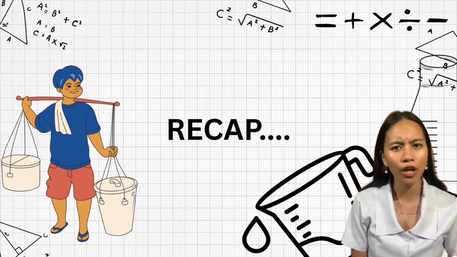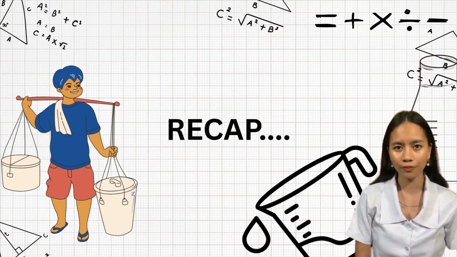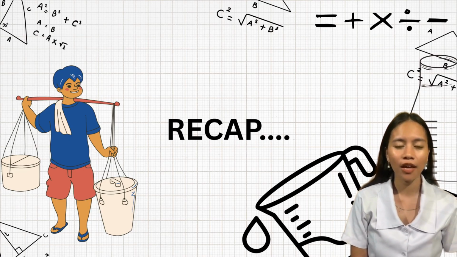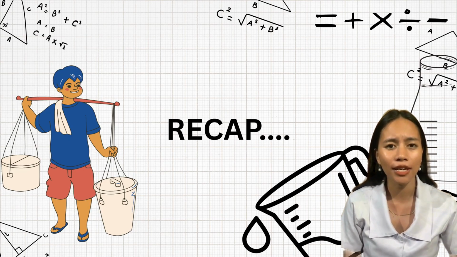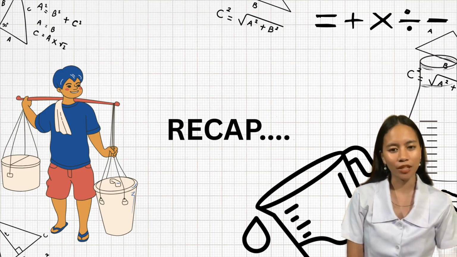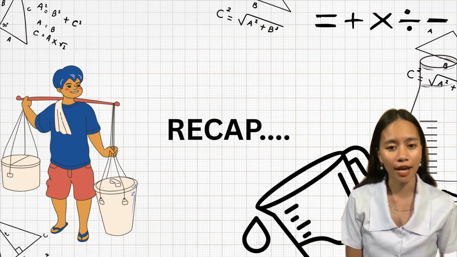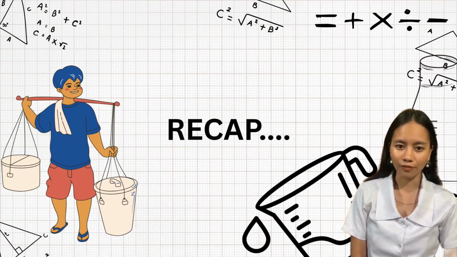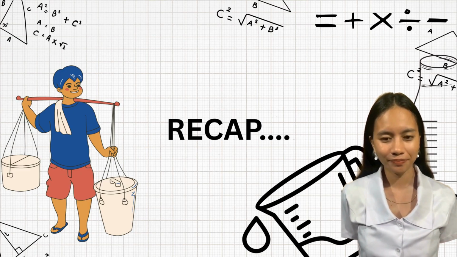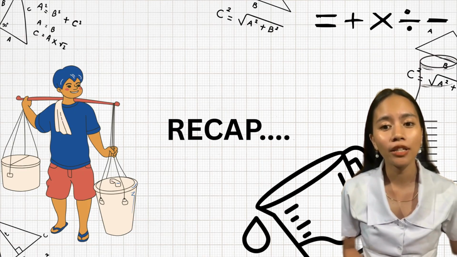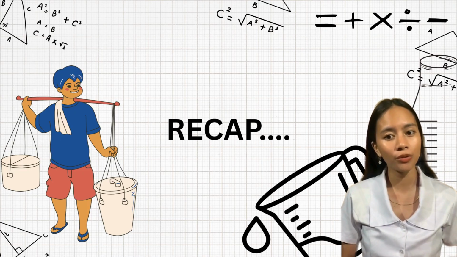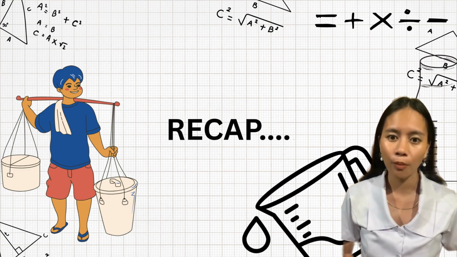How about for large amounts of liquid? Yes, it's liters. And what does estimate mean? To make a guess about the size or amount of something. How about measuring? Yes, it's finding the size, quantity, or degree of something using an instrument or device marked in standard units.